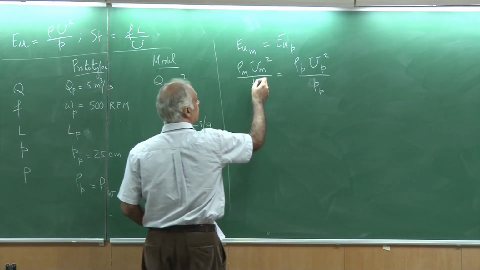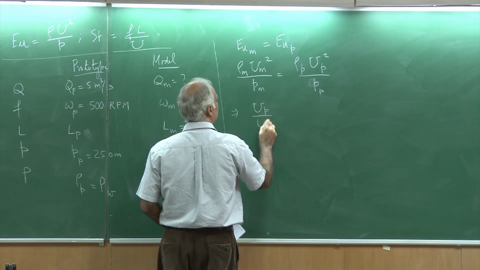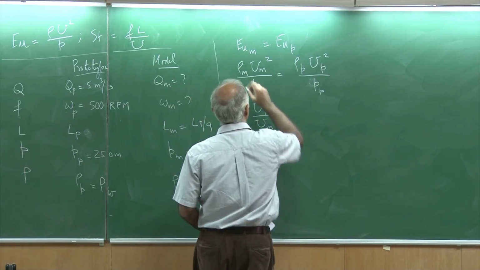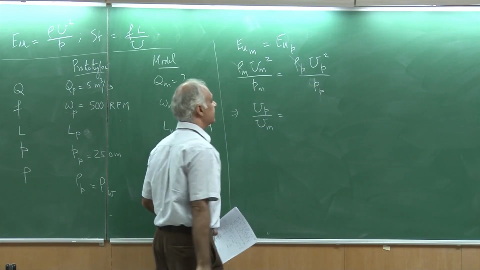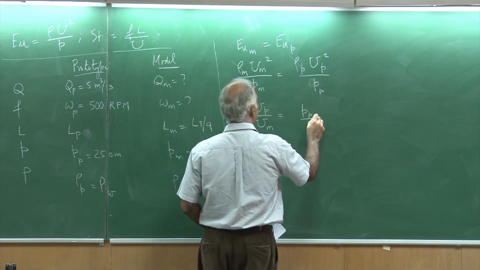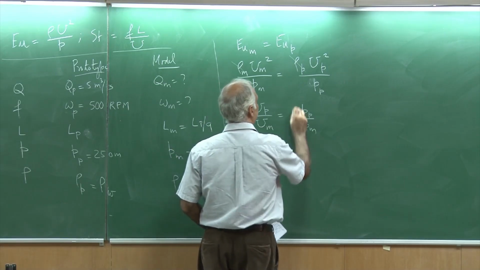And from this I can infer that u prototype by u model is, so these would cancel out because I am using the same fluid. So, this would turn out to be Pp by Pm, those are the pressures, and then a square root.